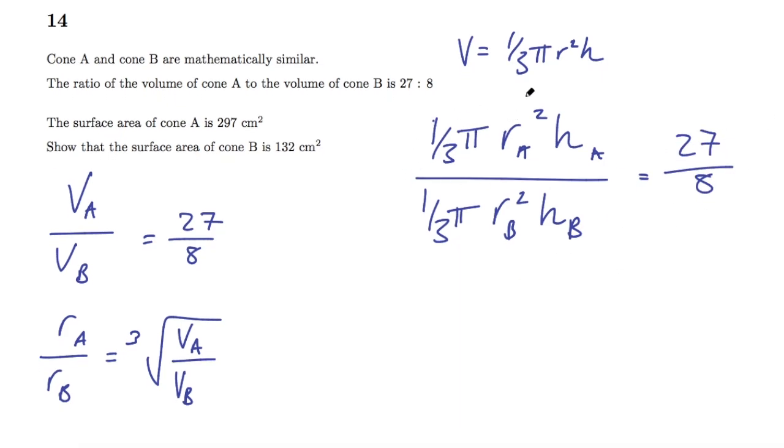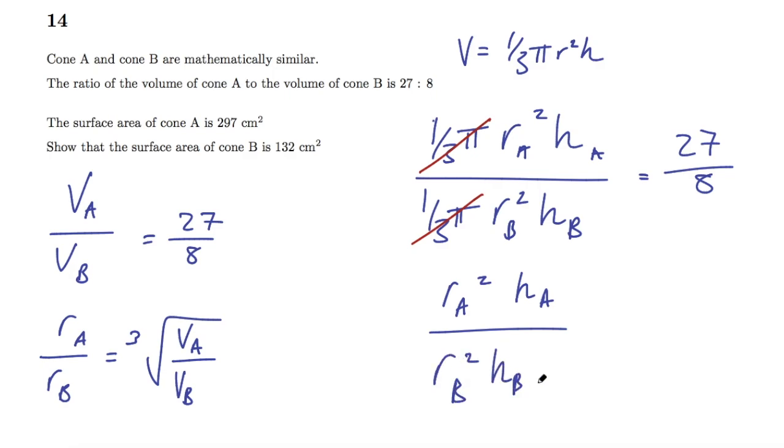Now, let's do some cancelling, some simplifying. Cancel this firstly because they're the same value. And what we're left with is r_A squared times h_A over r_B squared times h_B equals 27 over 8.